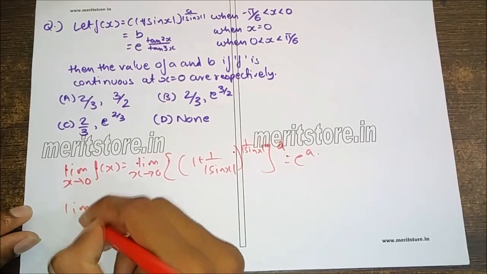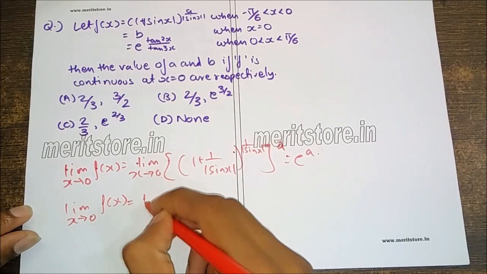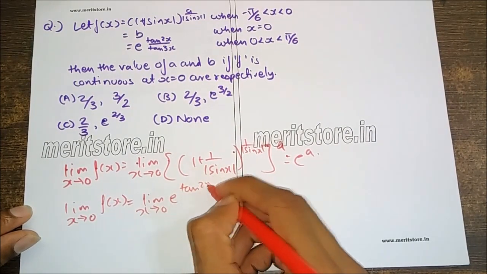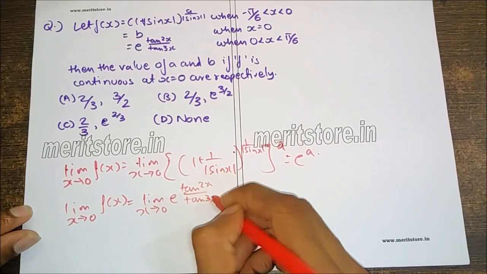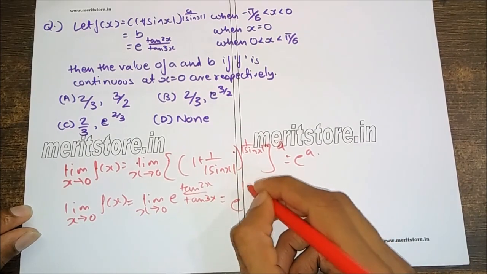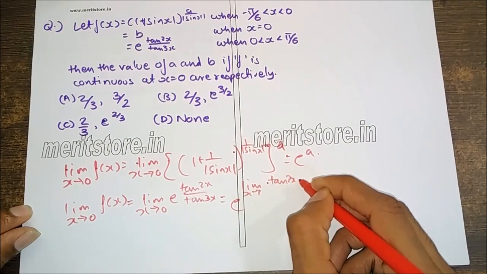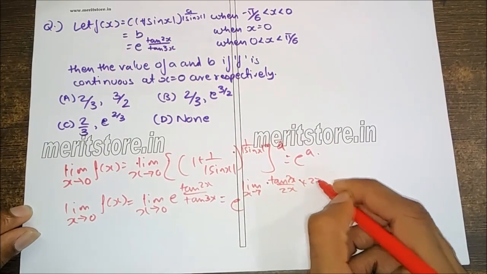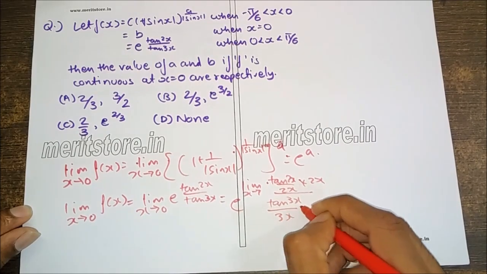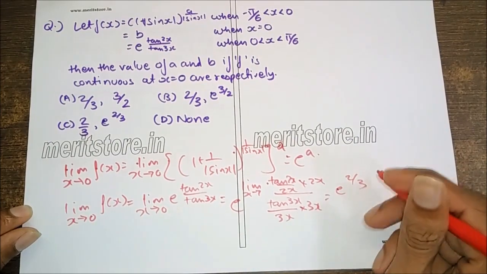Similarly, for limit x tends to 0 from the right hand side of f(x) is equal to limit x tends to 0 of e raised to tan 2x upon tan 3x, which is equal to, we get e raised to limit of x tends to 0 of (tan 2x upon 2x into 2x) upon (tan 3x upon 3x into 3x), which is equal to e raised to 2 by 3.